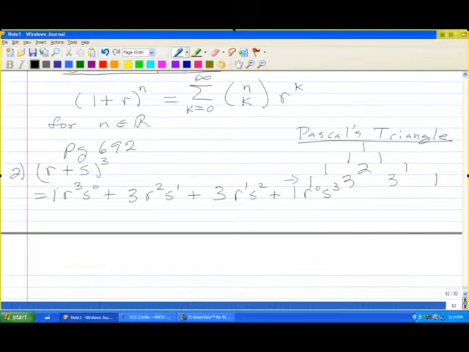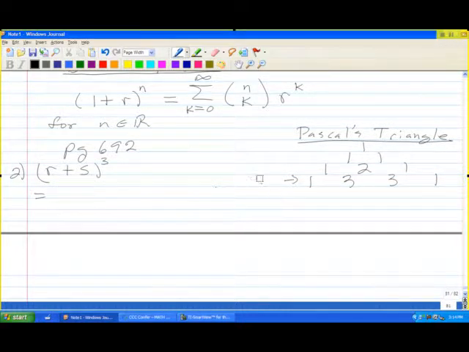Actually, maybe I'll write it out first, and then I'll put in the ones. This is the sum, k equaling 0 to 3, of nCk r to the n minus k s to the k, the binomial expansion.